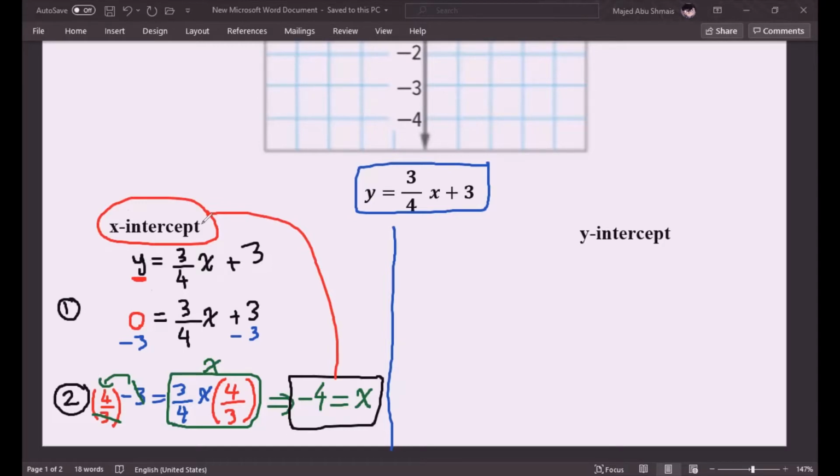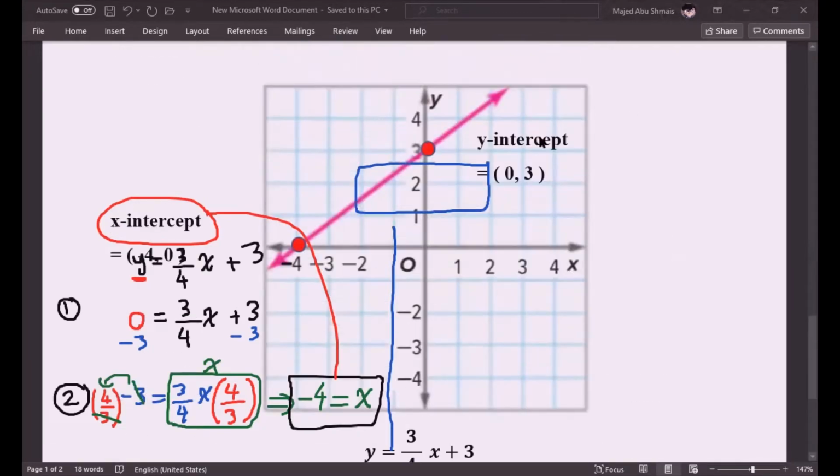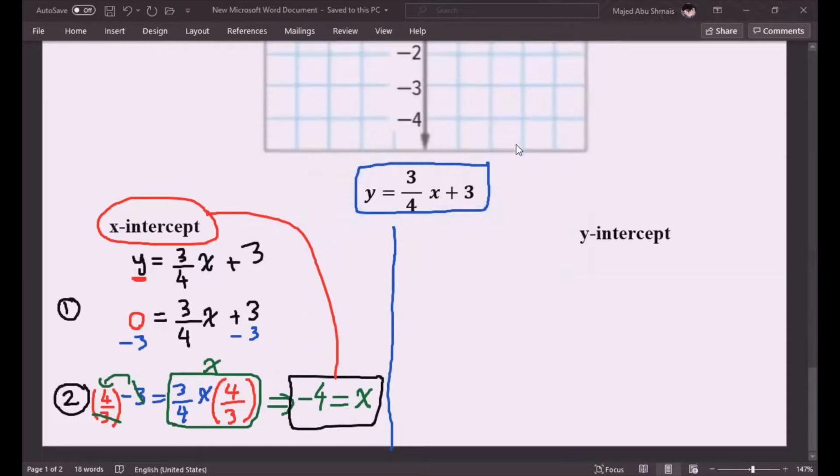What about the y-intercept? Well, as we have said previously, at the y-intercept, we have a 0 x-coordinate. So if we need to find the y-intercept of a function or a graph or a line, we just need to rewrite the equation again and follow the 2 steps.